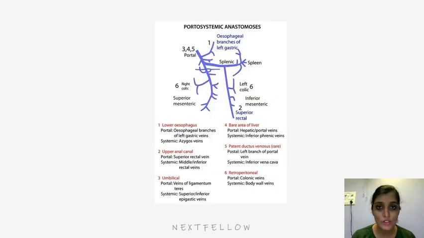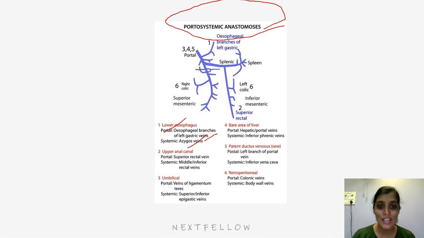Coming back to basics, sites of portosystemic anastomosis. There are 6 sites. One is along the lower end of the esophagus, which is the esophageal branches of the left gastric vein in the portal system, and the azygous vein in the systemic system.